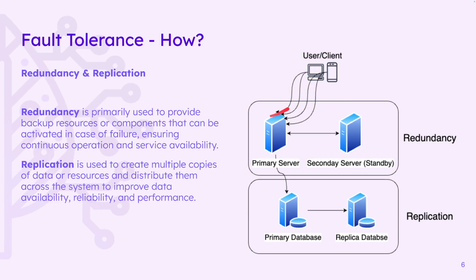So for example, if I have a bunch of servers that are serving clients, what I can do is have another redundant server that can stay on standby and do nothing, just sitting waiting for the primary server to see if it is not working or doesn't behave correctly, and then it becomes the one that serves clients. This is what redundancy means, and I can have as many as I want.